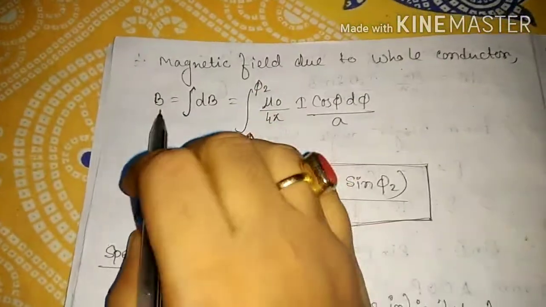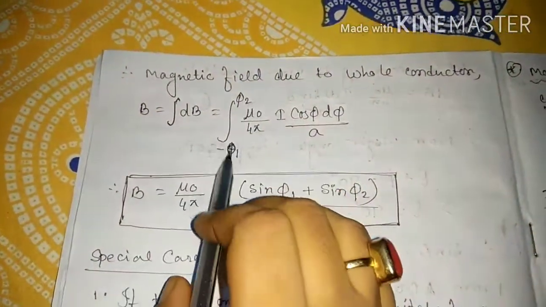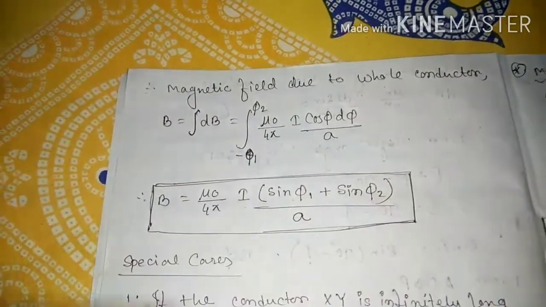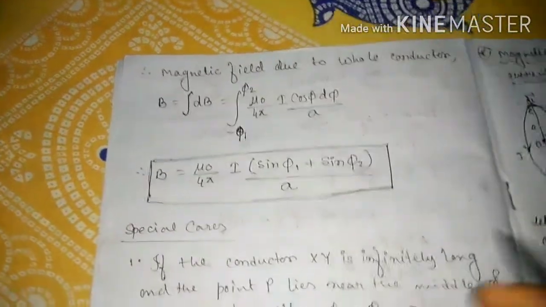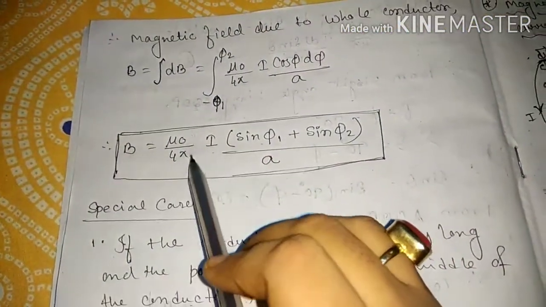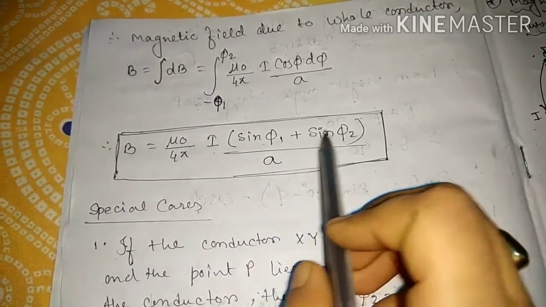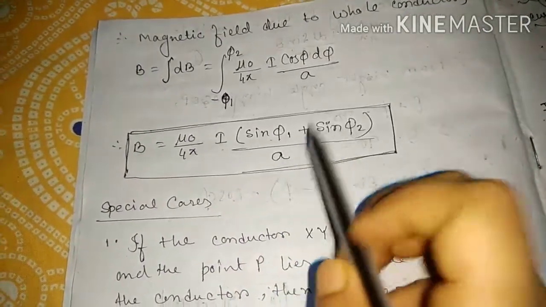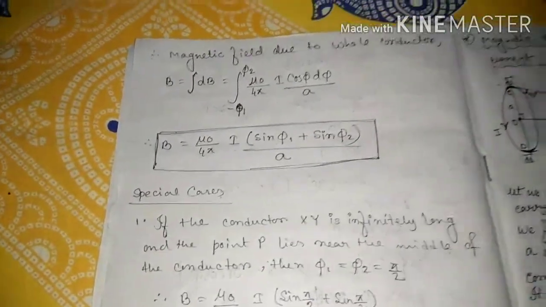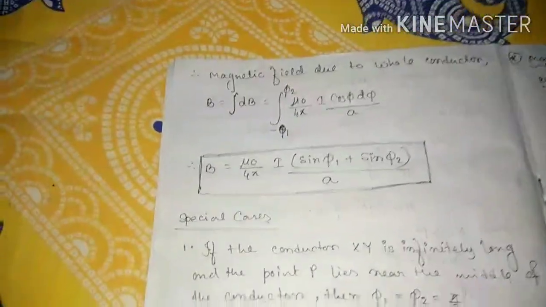So the magnetic field due to the whole conductor, B equals integration of dB, from minus phi 1 to phi 2, putting the expression of dB that we already found. If we put the limits, we get B equals mu 0 by 4 pi I times sin phi 1 plus sin phi 2 by A. This is the ultimate expression for the straight current carrying wire.